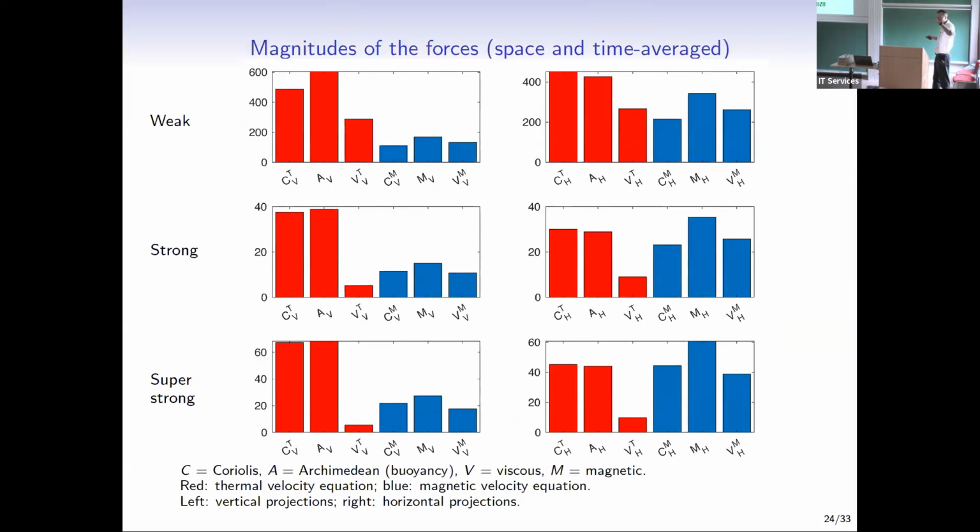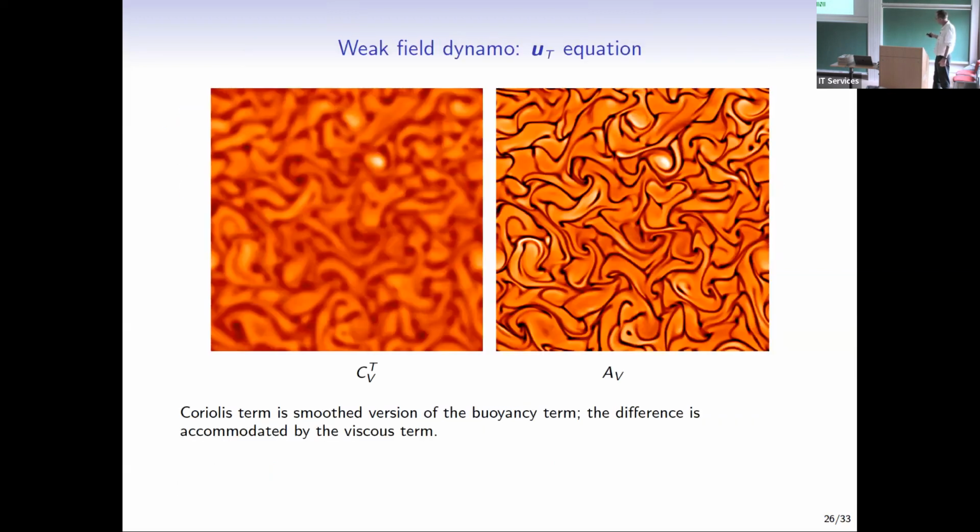But now we're looking at a slice of the projected forces. You can see they are of the same ilk, the same pattern, but they're not the same. The difference between them is accommodated by the viscous term. So the viscous term here is crucial. The viscous term takes up all the difference between these two, as you might expect.